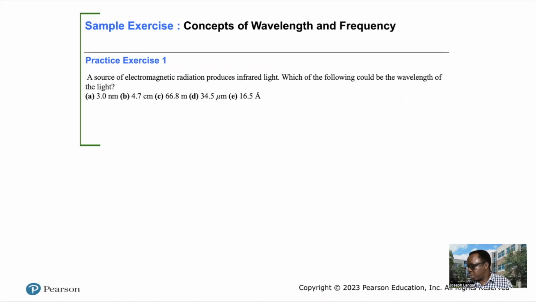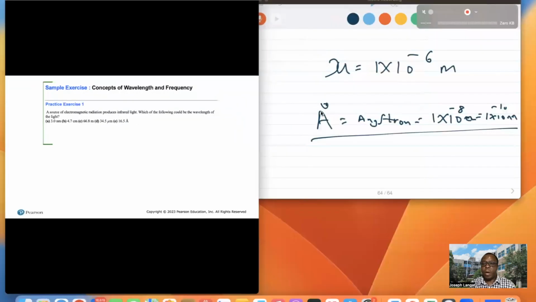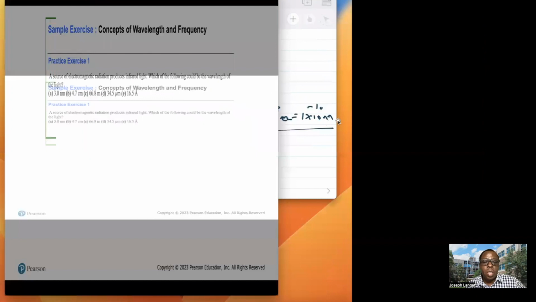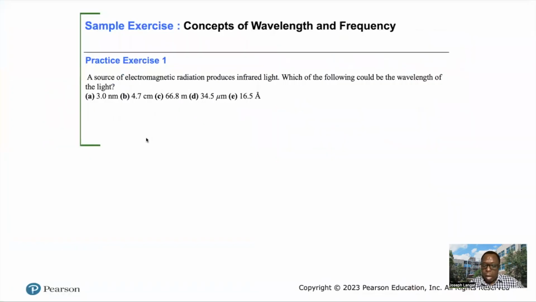These are some of the conversion factors you may see: 1 angstrom equals 1 times 10 to negative 8 centimeters, or 1 times 10 to negative 10 meters, just to highlight what these units stand for. It stands for angstrom.